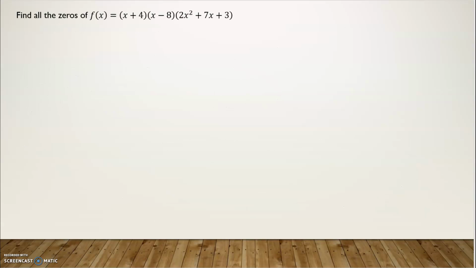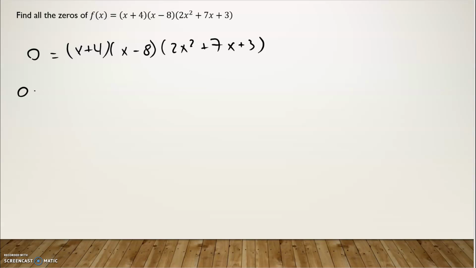Now let's go on to this one right here. So I'm going to set this equal to 0: x plus 4, x minus 8, 2x squared plus 7x plus 3. Okay, so we're going to divide these up.